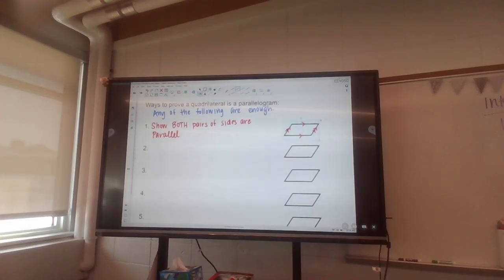What if they're just two lines, and maybe the hint is they're on graph paper? How could I know lines are parallel? They never intersect, but there's some mathematical way to check. Same slope. Yep, that's exactly what I wanted. So you're going to check their slopes.